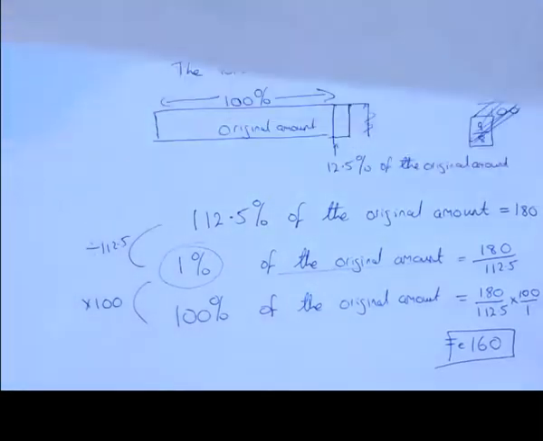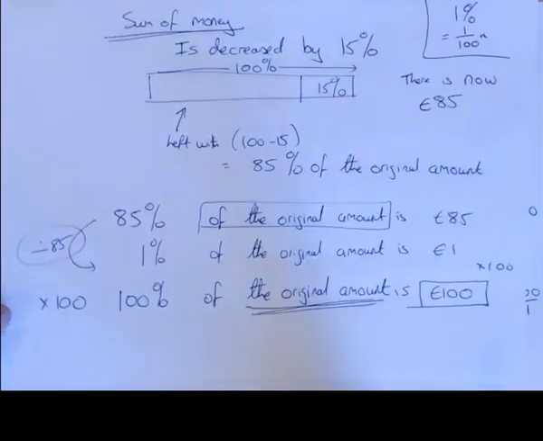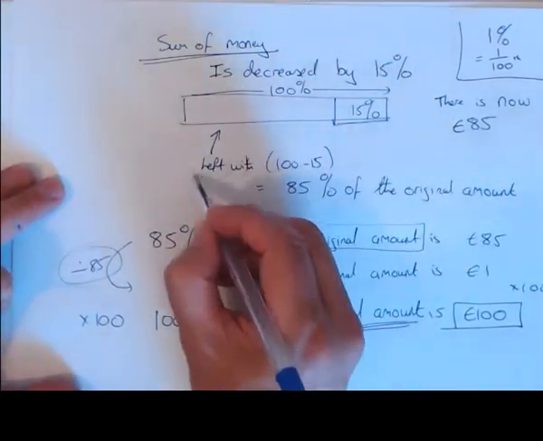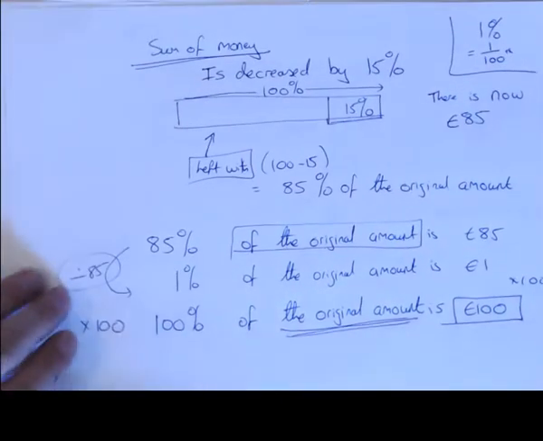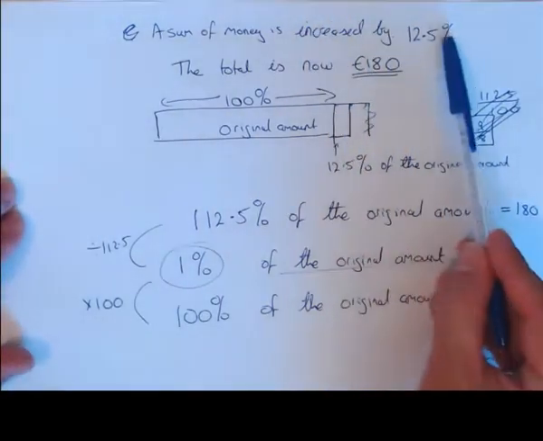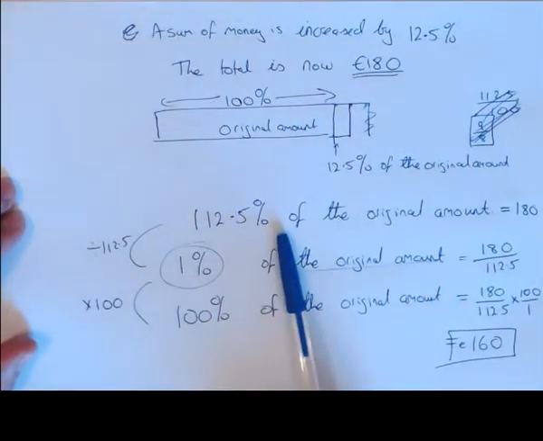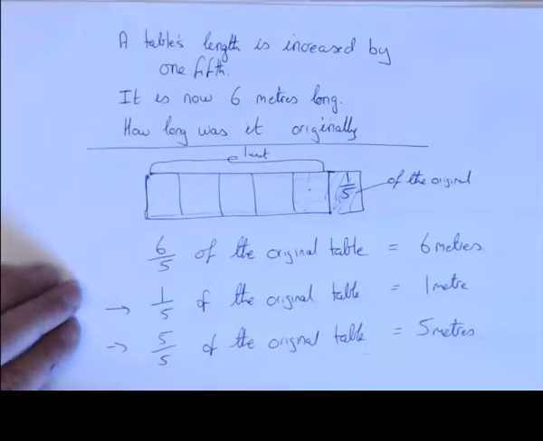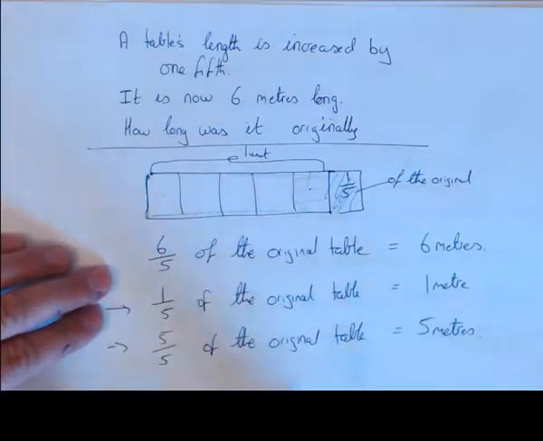So remember, if the sum of money was decreased, you're going to be decreasing from 100%. If you're decreasing by 15%, you're left with 85% of the original amount. If you increase by 12.5%, you now have 112.5% of the original amount, in exactly the same way that if a table is increased by 1/5, you now have 6/5 of the original table.